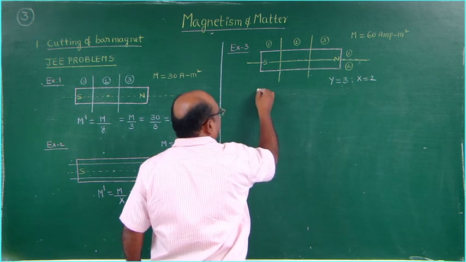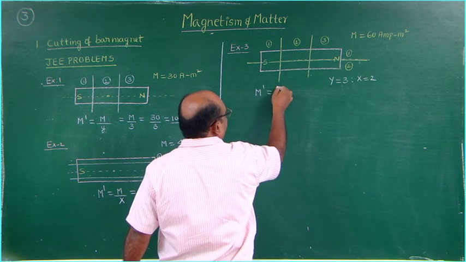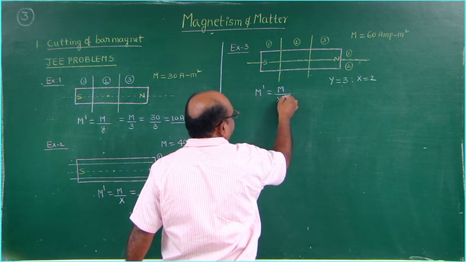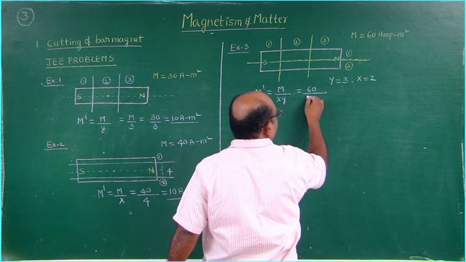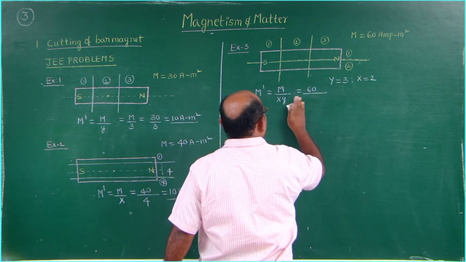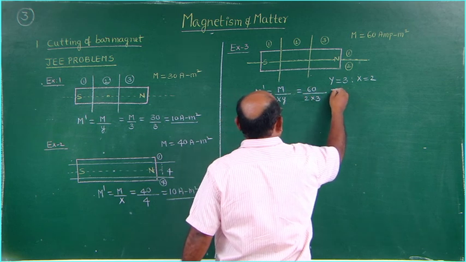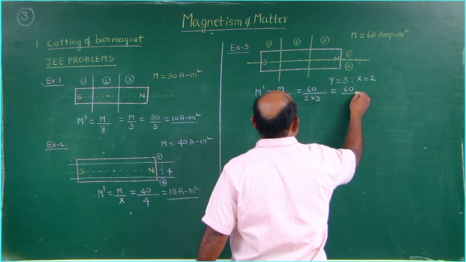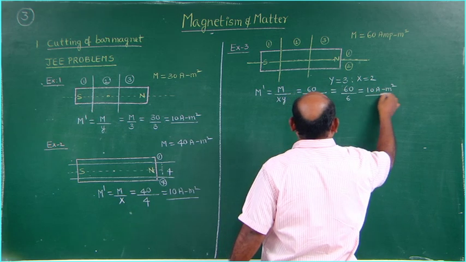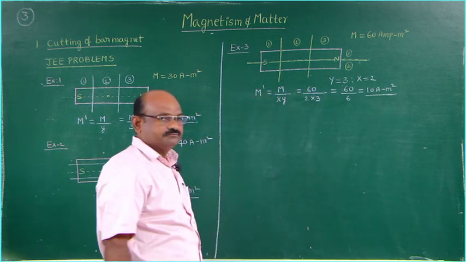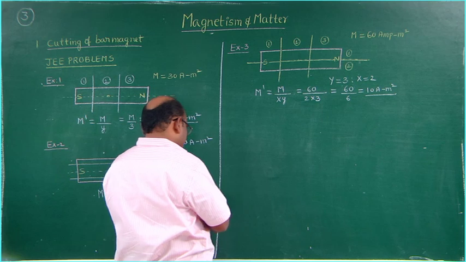I said the shortcut formula: m dash is equal to M by xy. The M value they gave is 60 ampere meter square, so 60 by 3 into 2, that is 60 by 6. Now you get 10 ampere meter square as the new magnetic moment of each piece after cutting.